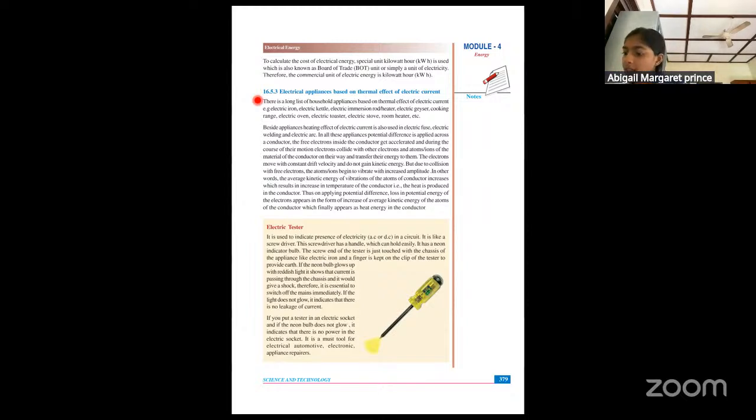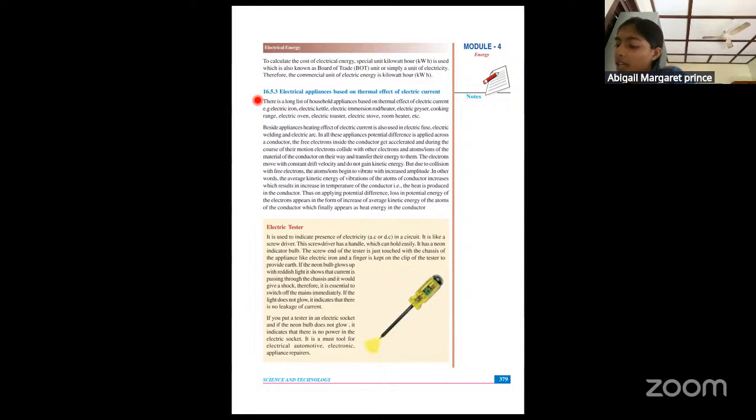In all these appliances, potential difference is applied across a conductor. The free electrons inside the conductor get accelerated, and during the course of their motion, electrons collide with other electrons and atoms or ions of the materials of the conductor on their way and transfer their energy into them. The electrons move with constant drift velocity and do not gain kinetic energy.